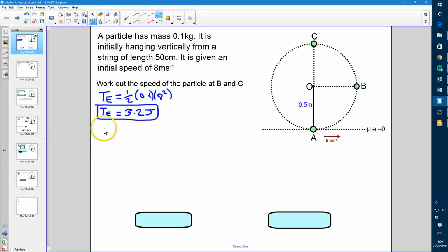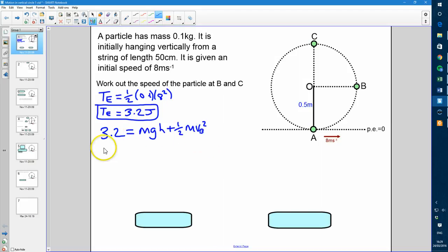So I could say my total energy, which is 3.2, is going to be equal to mgh plus a half of m and the velocity at B squared.